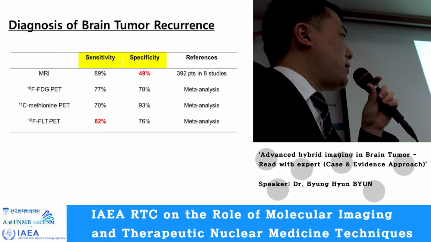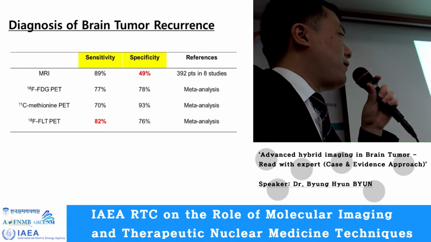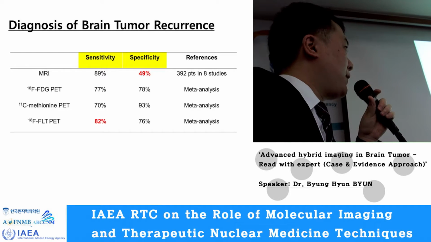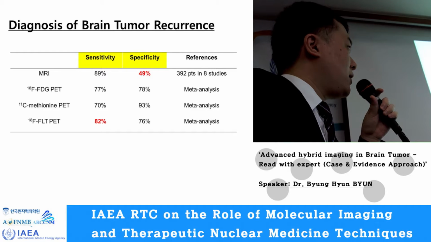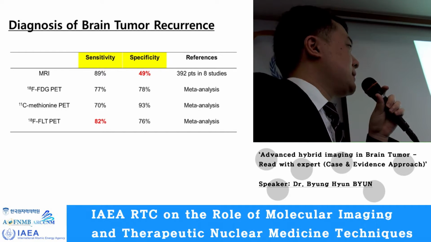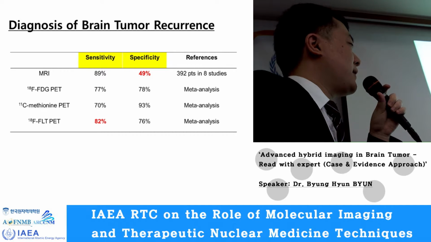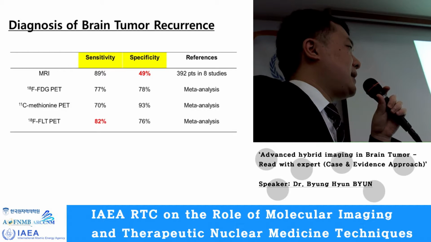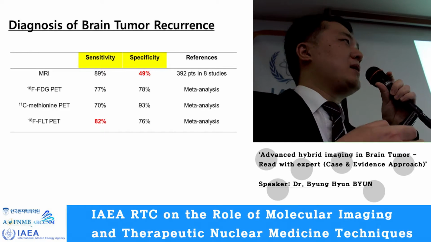When we summarize these studies, which include about 400 patients, the sensitivity of MRI for diagnosing brain tumor recurrence was about 90%, but the specificity was very low, about 50%. But some reports say that it's more than 60%.